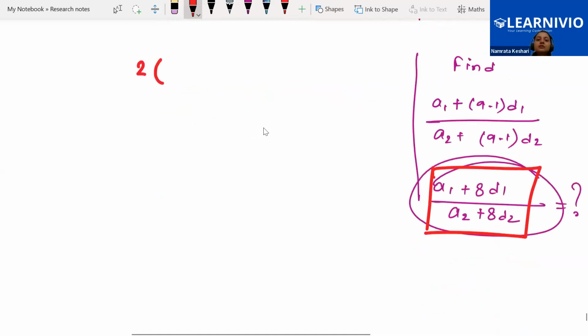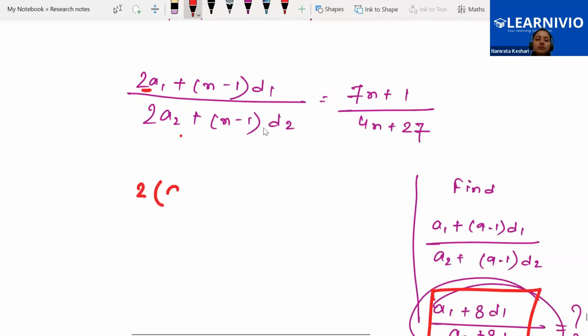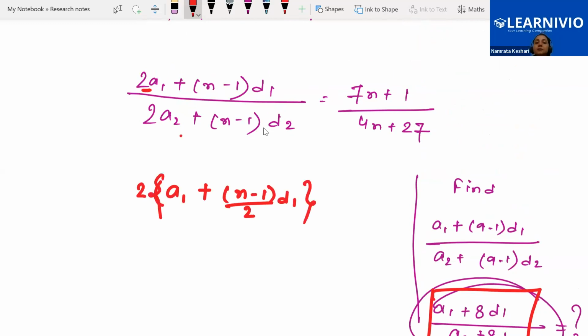We will be left with A1 plus n minus 1 divided by 2 into D1. If this step is not clear to anyone, please let me know. Are you getting it?